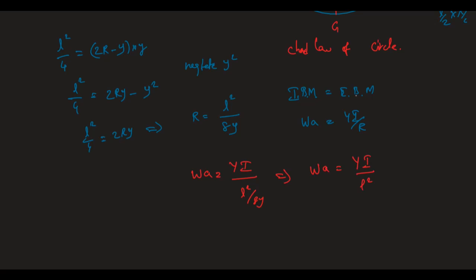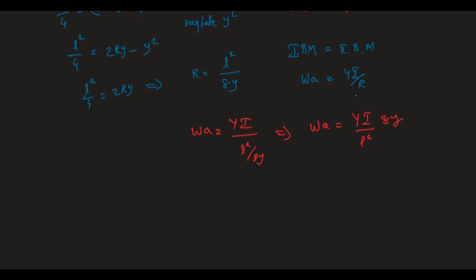Whatever is in the denominator will come into the numerator. So simple now. I need to find the value of Y, that is Young's modulus. Keep Young's modulus on one side and bring the other terms to the other side. Then we get Y equals WA L square divided by 8 I y.